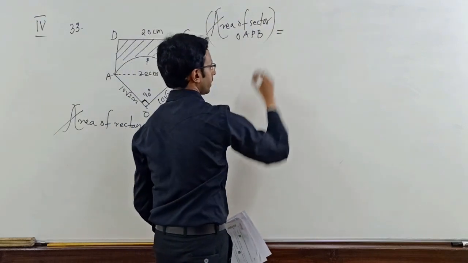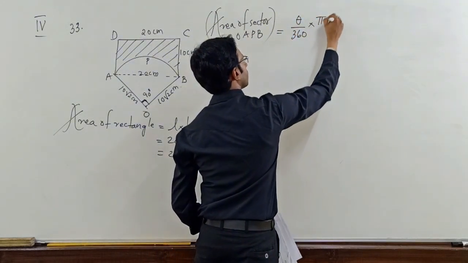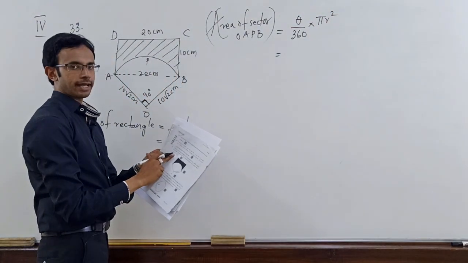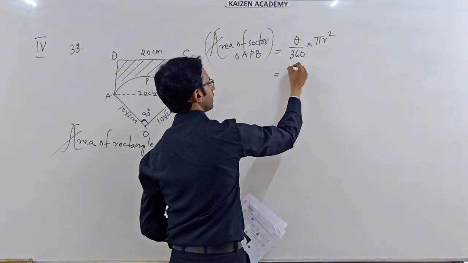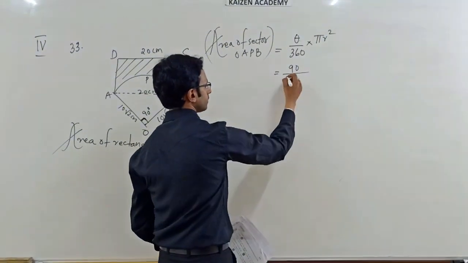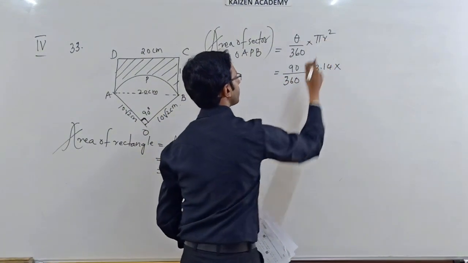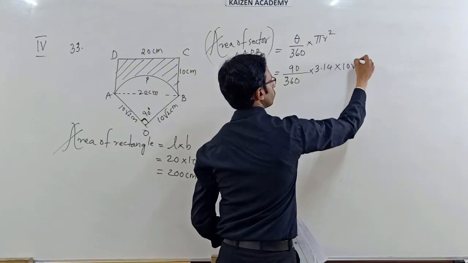You all know the formula for area of a sector is theta divided by 360 into pi r square. In this problem they have specified to take pi as 3.14, so we cannot take here 22 by 7. Theta, as I told, has to be 90 degree since it is a right angle. Pi is 3.14, radius is 10 root 2, so it will be 10 root 2 whole square.